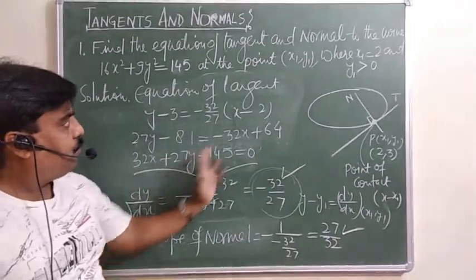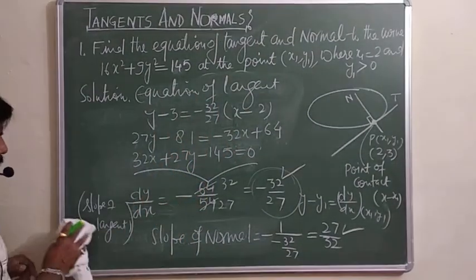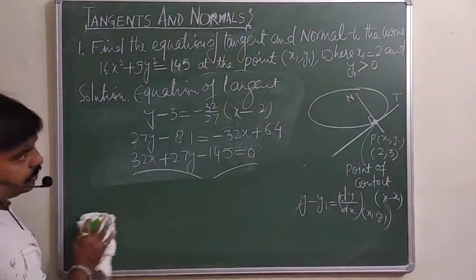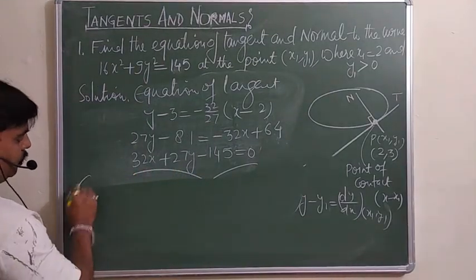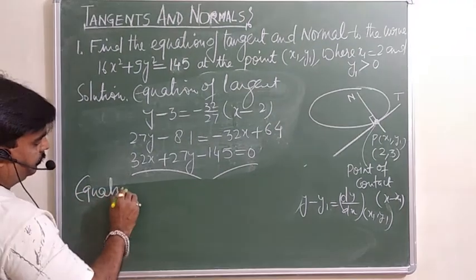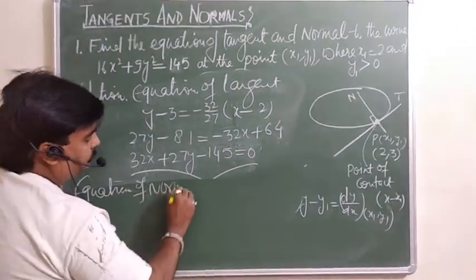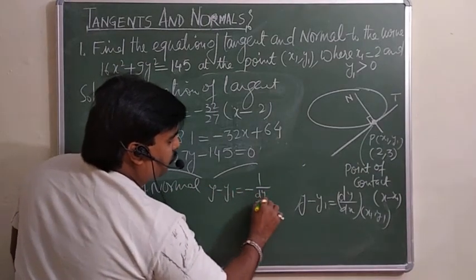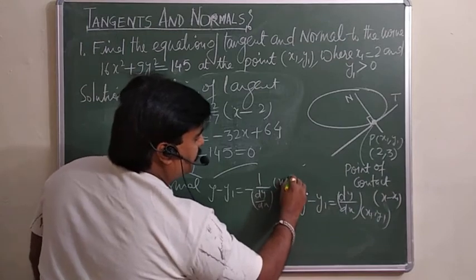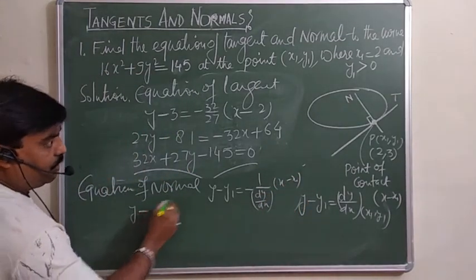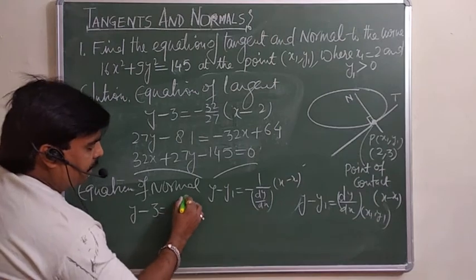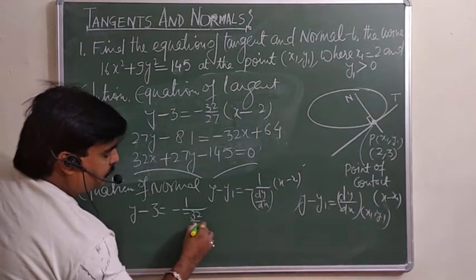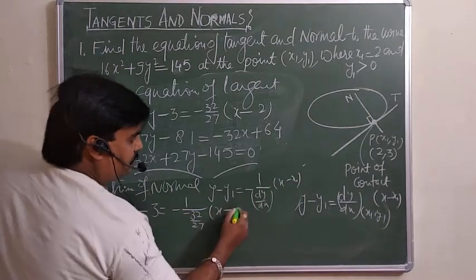Now similarly you can find the equation of the normal. So look here. Equation of normal is y minus y1 is equal to minus 1 over dy over dx into x minus x1. So y minus 3 is equal to minus 1 over minus 32 over 27, into x minus 2.